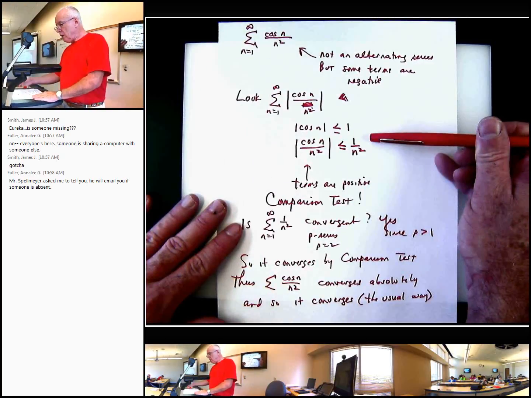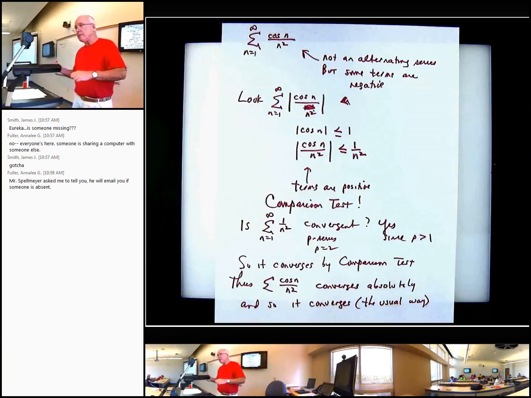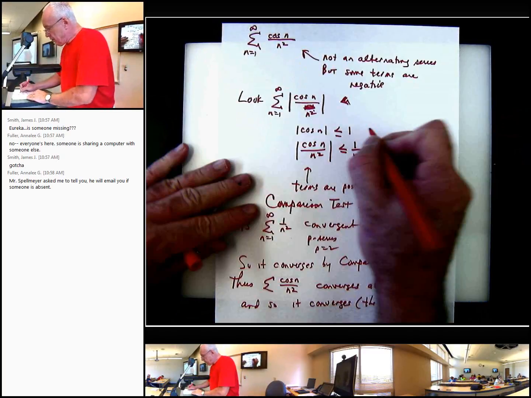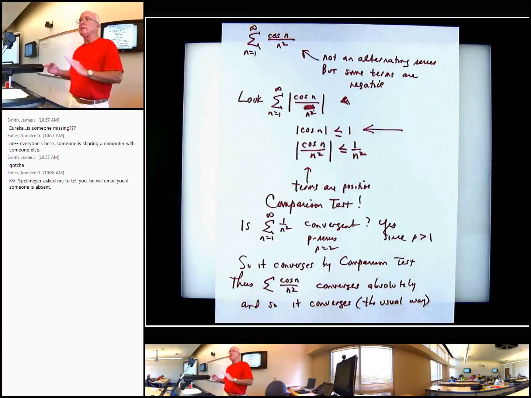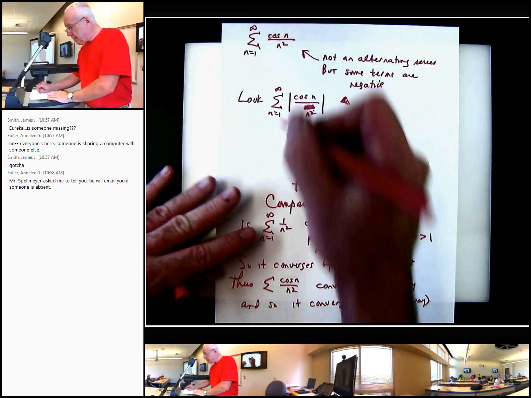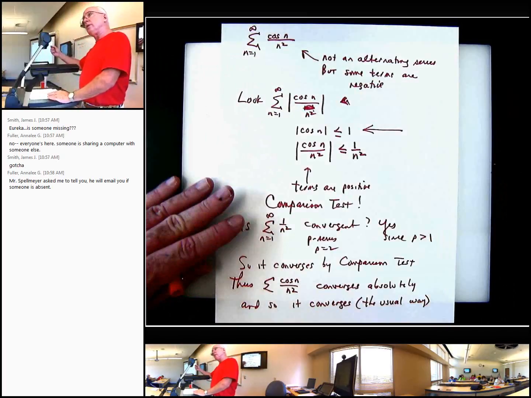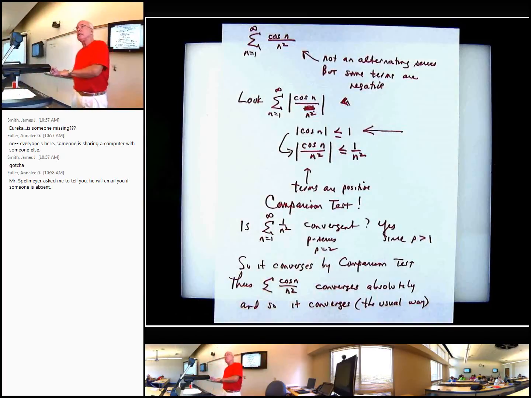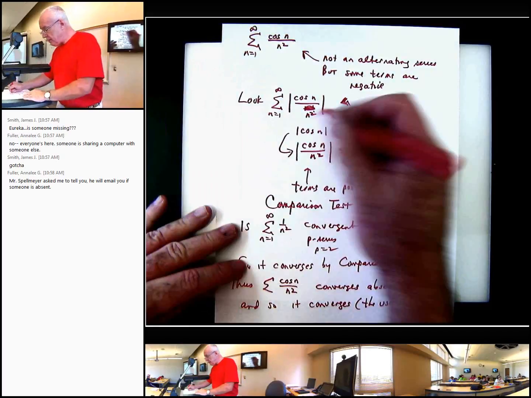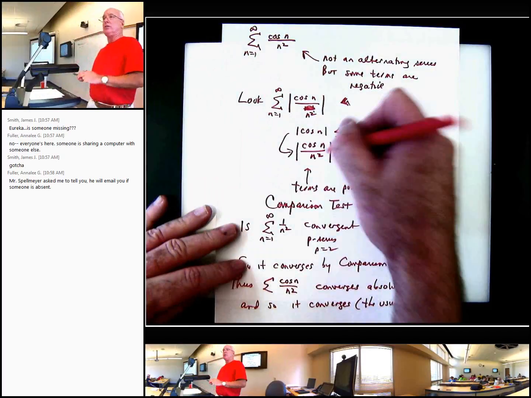Mm-hmm. Right. This is the fact that I used: the absolute value of the cosine, no matter what its argument is, is always going to be less than or equal to 1. Because of that, if the numerators are less than or equal to each other, and I'm dividing by the same positive thing, this is just algebra, then this implies that.